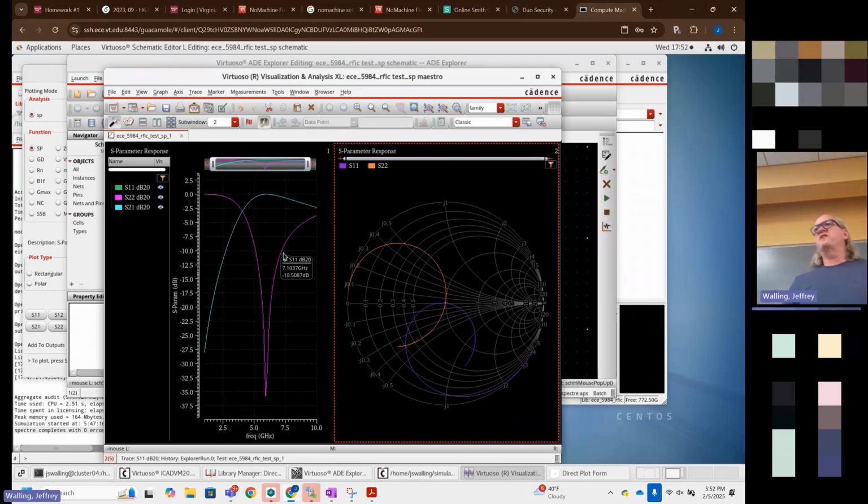So 6 divided by 2. The relationship between quality factor and bandwidth is somewhat approximate here, since we're arbitrarily choosing the minus 10 dB point, but it should be a fairly close relationship.